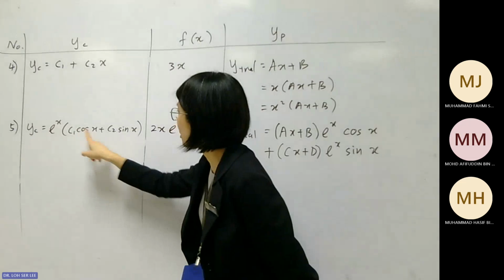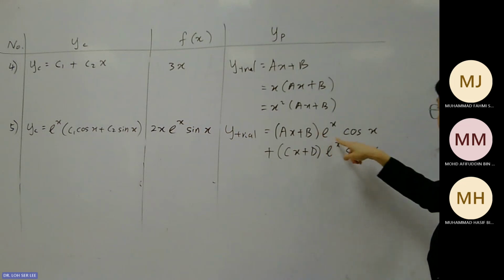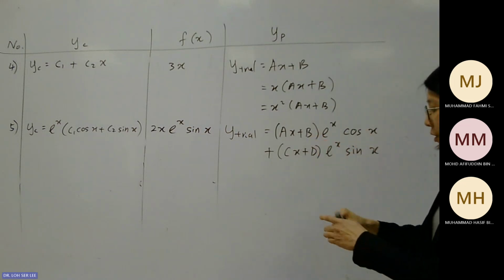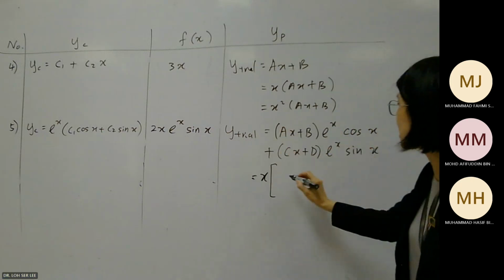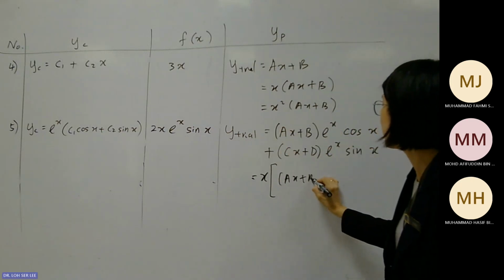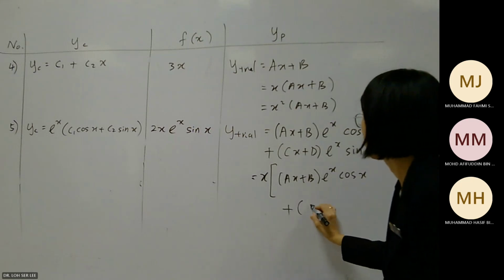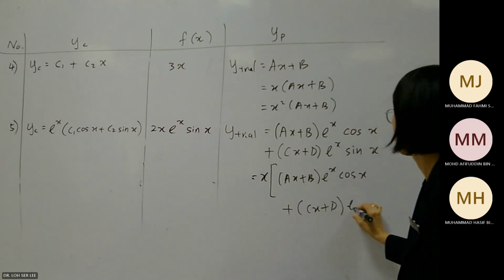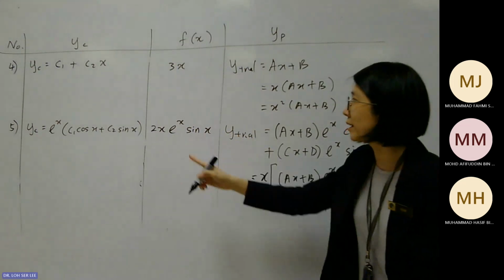Here you have ex cos x, ex sin x. So the ex cos x and ex sin x duplicate with the ones here, right? So when you insert an x, it means x multiplied to the whole function, because this is considered as one category.